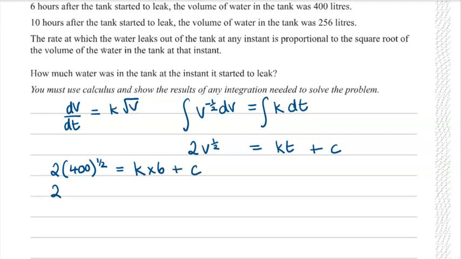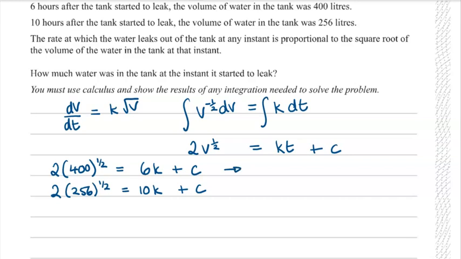And we can also put in the 10-hour one. So at 10 hours, the volume is 256. Is equal to k times 10 plus c. I'm just going to tidy that up a bit. So 6k, 10k. And you can put that in as simultaneous equations on your calculator, or you can go through and work it out manually. I'll work through a little bit.